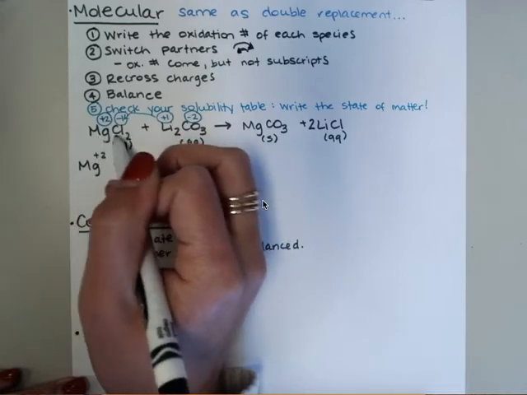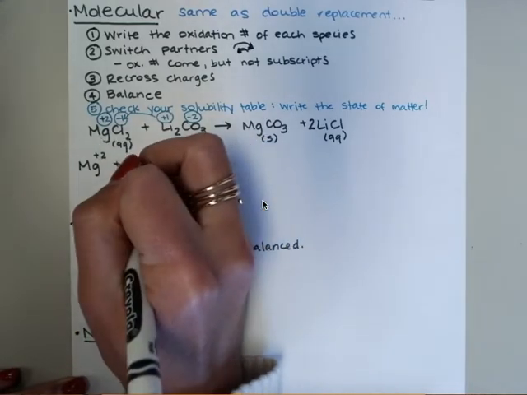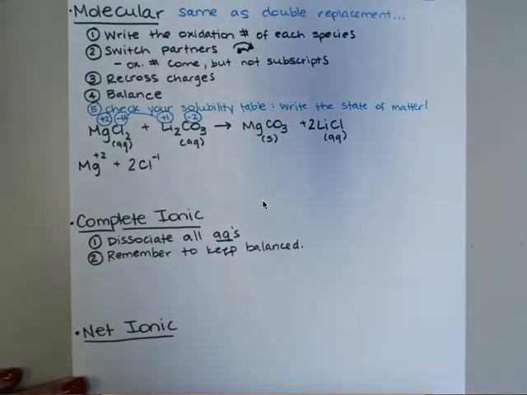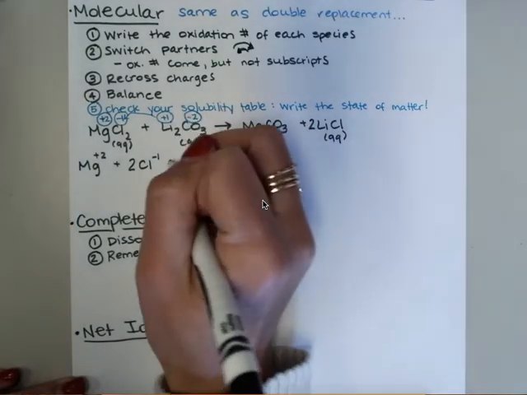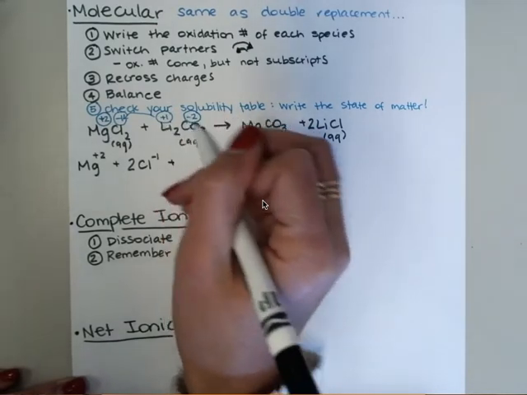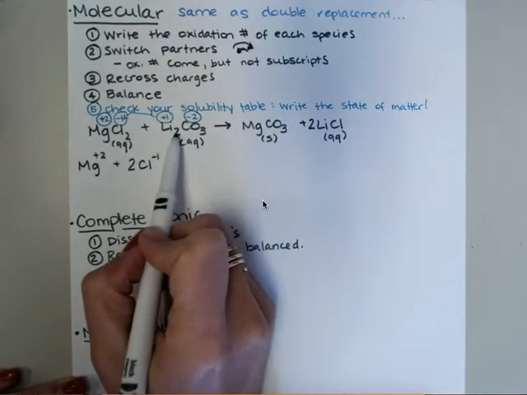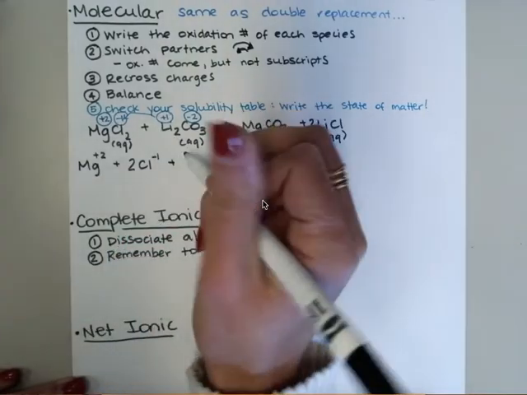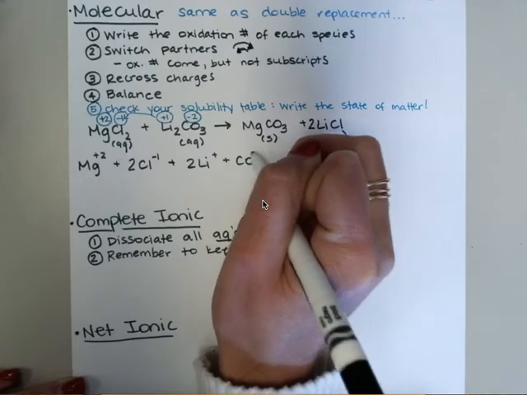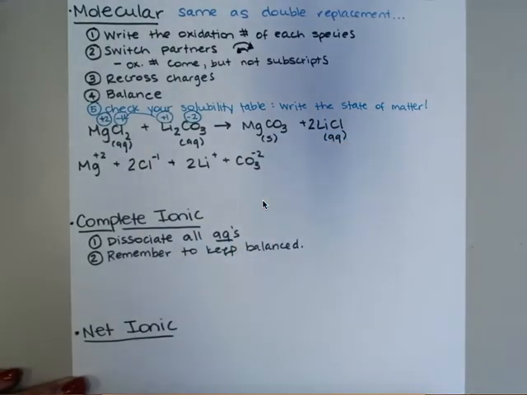That means that when Mg and Cl dissociate, it actually will dissociate into 2 chloride ions. So too, the lithium carbonate, when it dissociates, those 2 lithiums will both dissociate from the 1 carbonate ion.